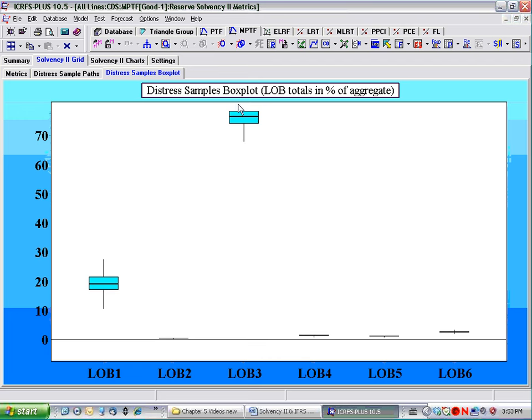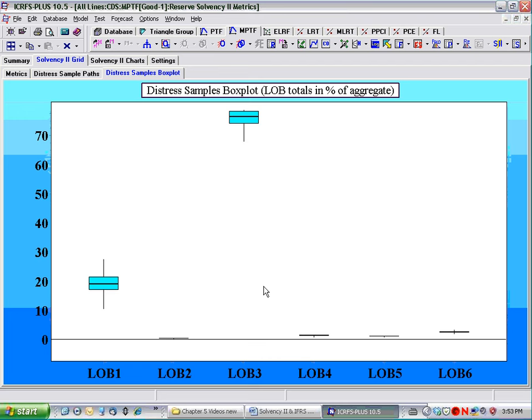There is a range here. It's a box plot. And LRB1 about the other 20%. And the other lines of business really are kind of insignificant in terms of contributing to distress because the amount of losses is pretty small.